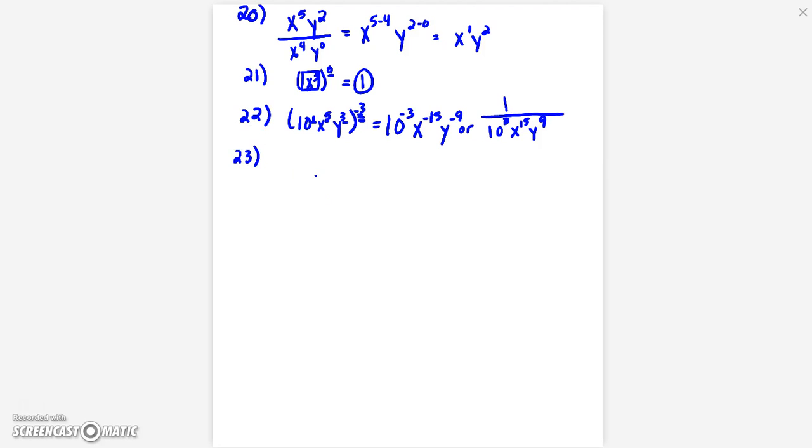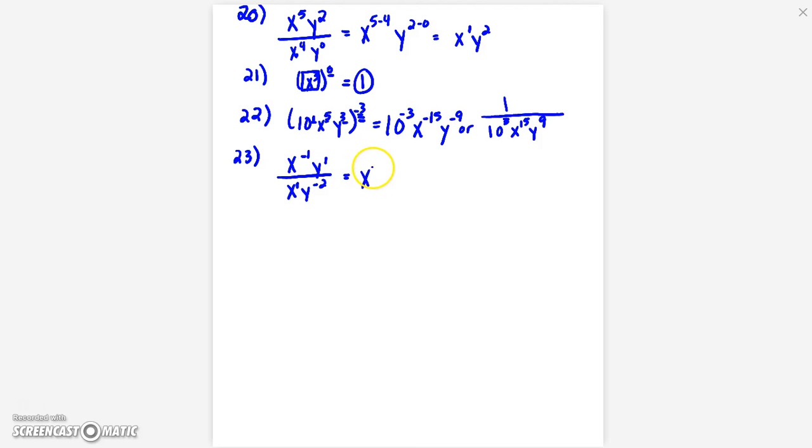23. x to the negative 1, y to just 1, over x, y to the negative 2. Remember, this x is just a 1. Take it one at a time. It's division, so we're subtracting.